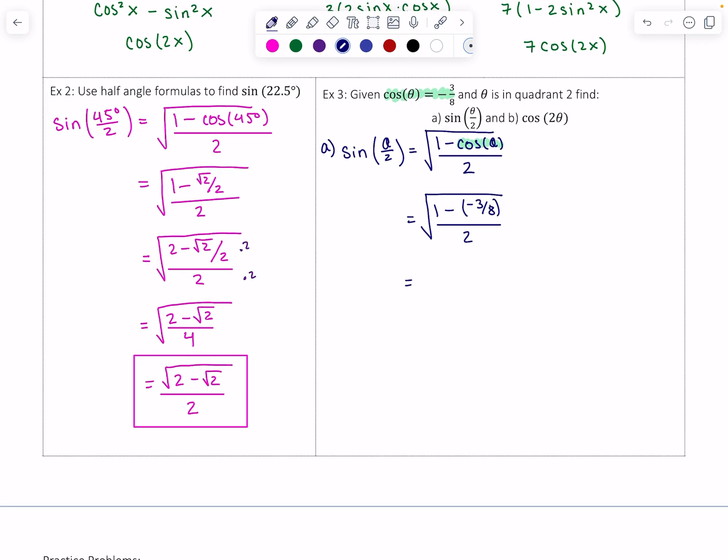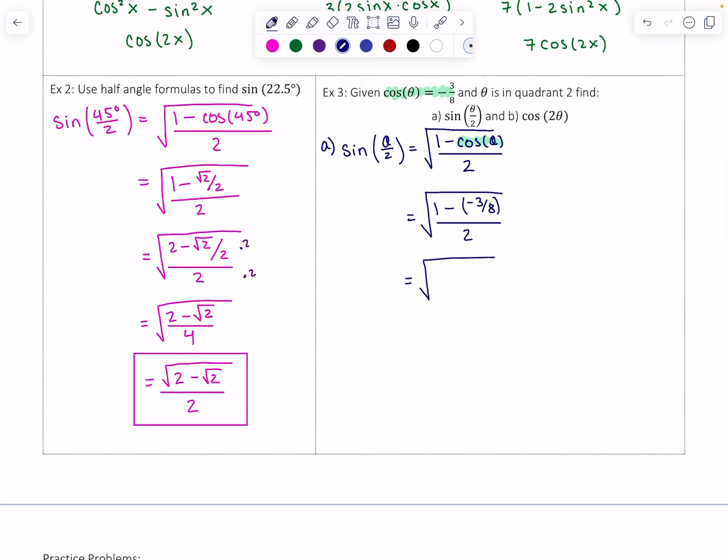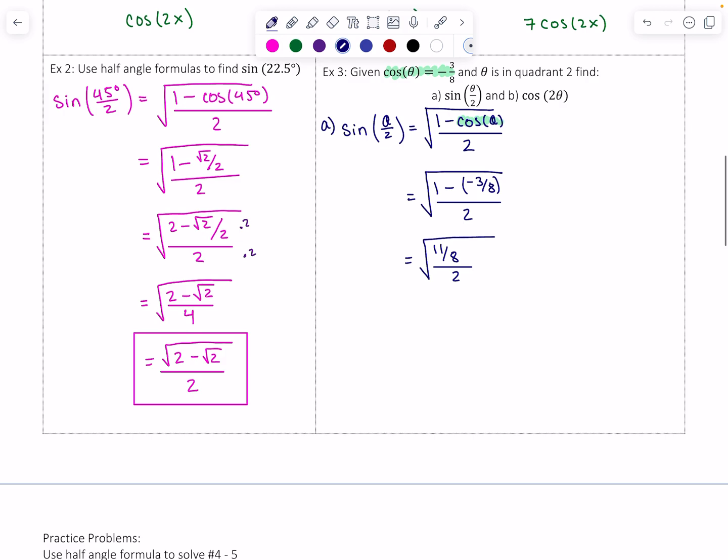So this is equal to the square root of, that's going to turn into a positive 8 over 8. So we now have 11 over 8 all over 2. We're going to go ahead and think about this as square root of 11 over 8 times 1/2, which is equal to the square root of 11 over 16, which is equal to, final answer here, square root of 11 over 4.